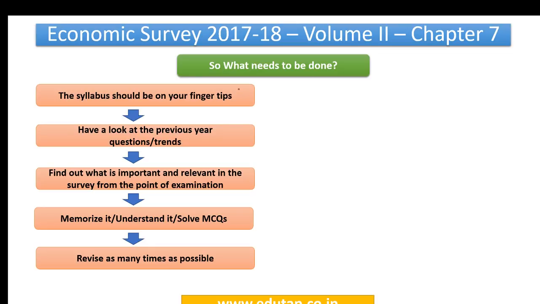That is the key, the first step to begin your preparation. For NABARD, the same thing goes here also. So before you start with agriculture, make a note that you're thorough with the syllabus. Then, have a look at the previous year questions and trends so that you get an orientation as to what kind of questions are given in the examination.